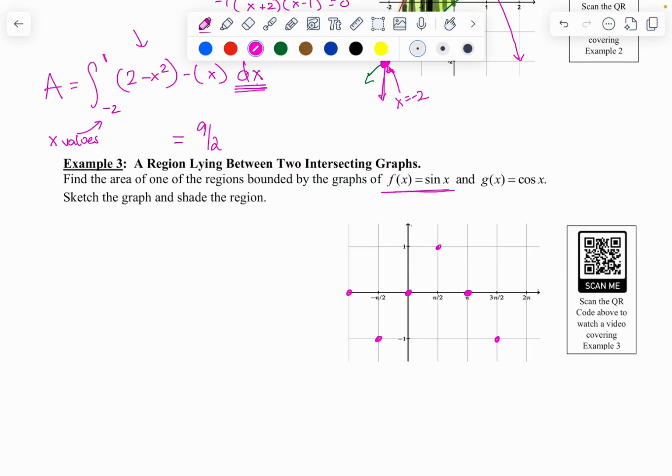And like this, right? Now cosine of x is at 1, then 0, then -1, back to 0. So cosine of x looks like this.